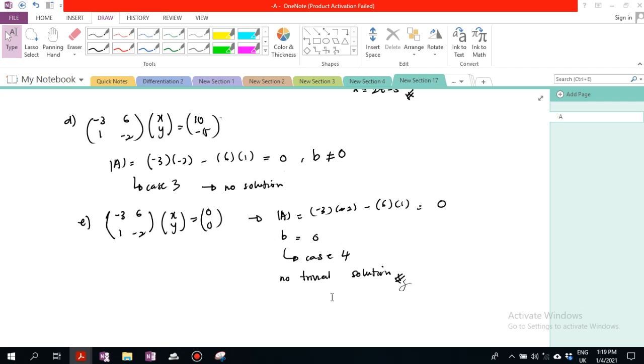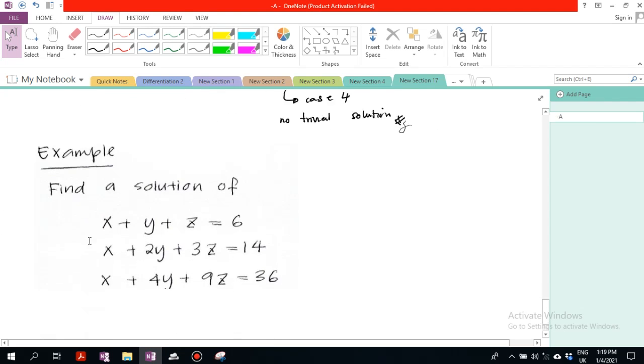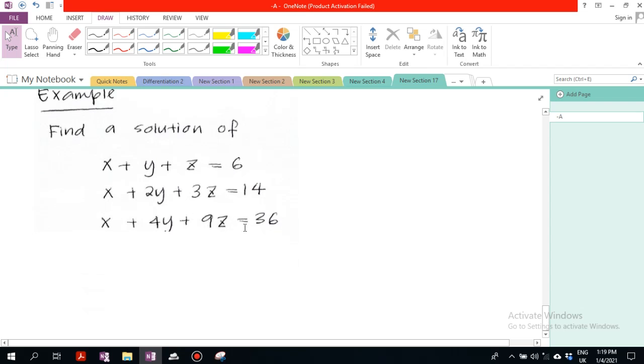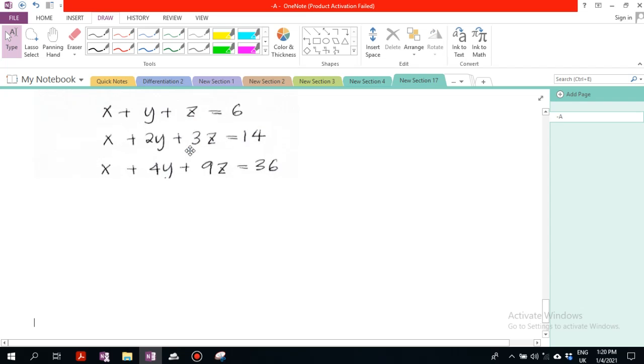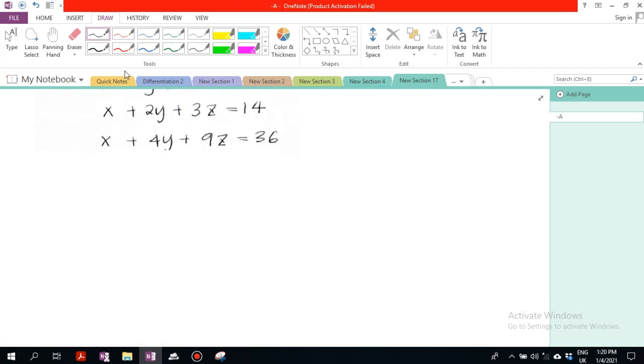Okay, we go for another example, the new example. Find the solution of this equation. In order to solve this equation, we change this to matrix form.